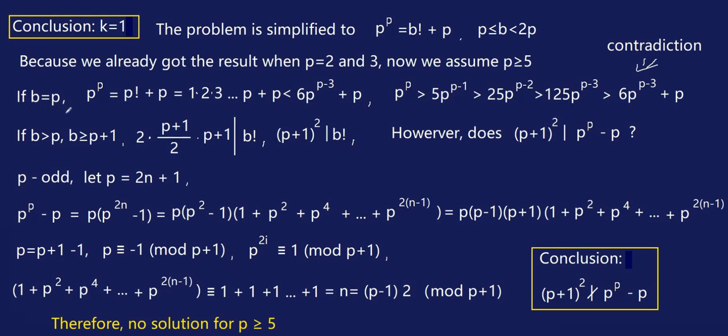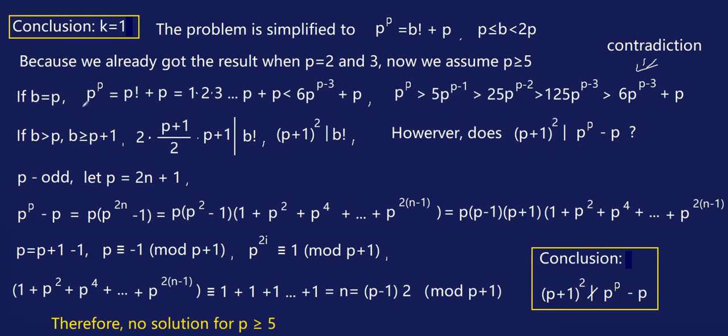Say if b is equal to p, this equation becomes p^p equals p factorial plus p, which is 1, 2, 3... p plus p, and it is less than (2p)^(p-3)... 6 p^(p-3) plus p, because each item is less than 2p.